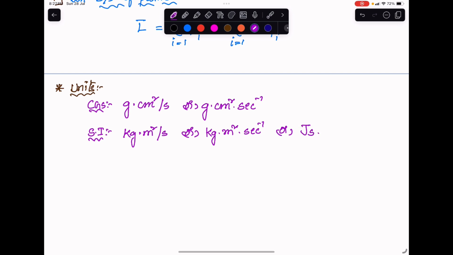And if you have a habit of writing the dimensional formula, let me give you the dimensional formula of this physical quantity, angular momentum. That is M L2 T minus 1, and you already know that it should be enclosed in braces. So this is all about the angular momentum of a particle about a given point.